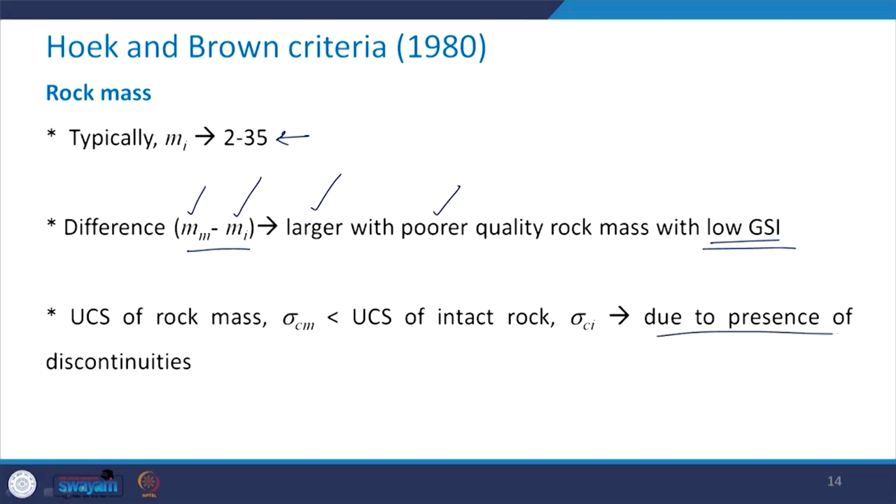Due to the presence of the discontinuities, UCS of the rock mass, which is represented by sigma Cm, will be less than the UCS of the intact rock, which is represented by sigma Ci.